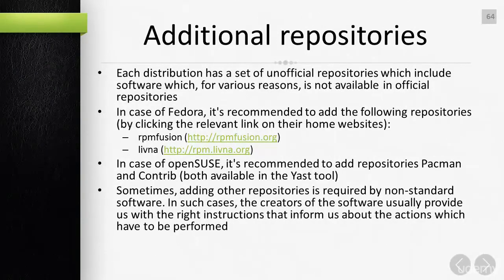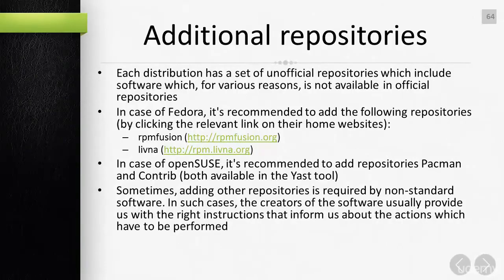In some cases, a given repository is not supported by the official distribution. For example, some time ago, if you wanted to install Kadu under OpenSUSE, you had to add the repository of its developer. Similarly, if you want to install the Flash plugin in Fedora, you must add an appropriate repository, following the instructions which are available on the software developer's website.